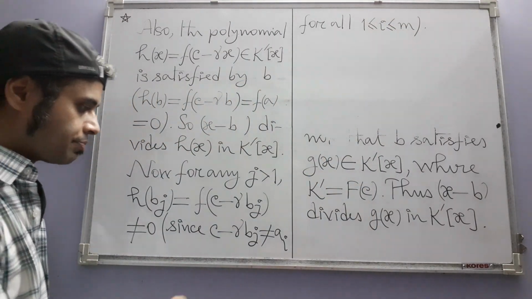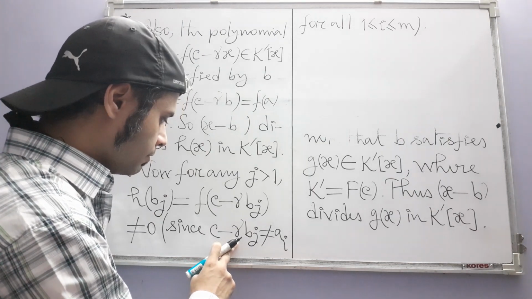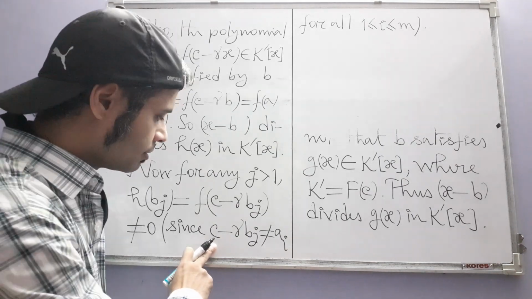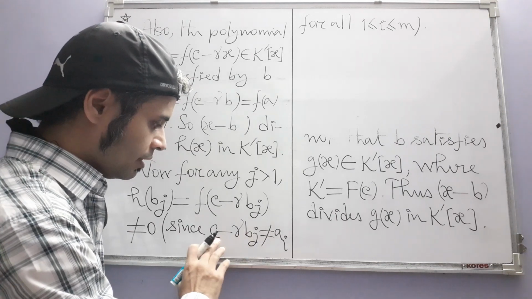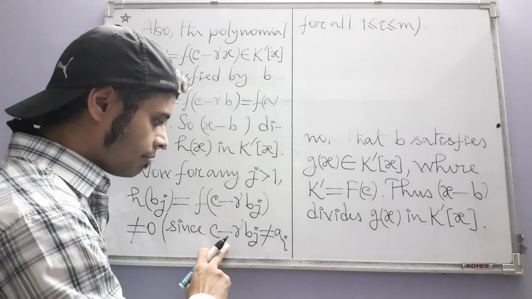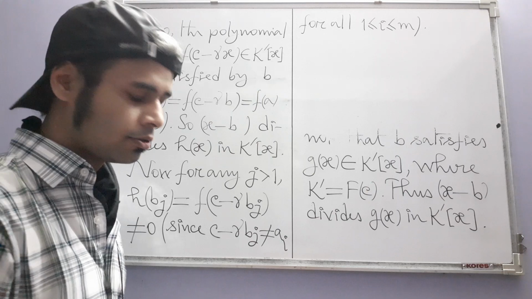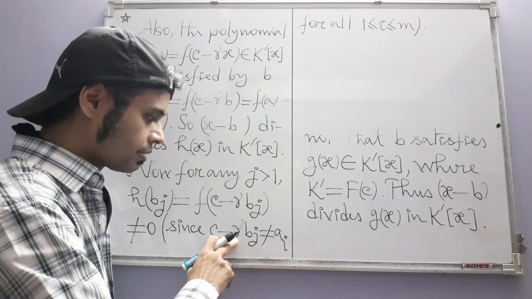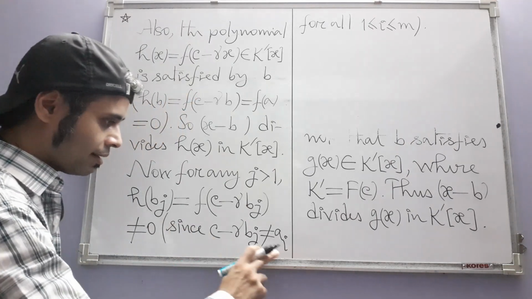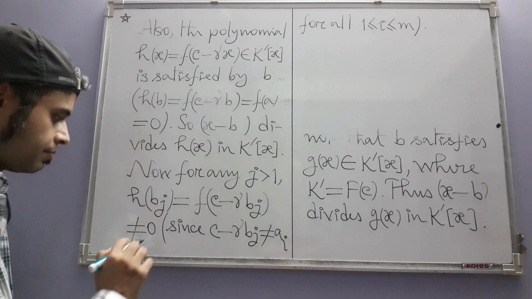Why is that so? You see, what is C? C is A plus gamma B by definition. So if you had equality here, you would have A plus gamma B equal to ai plus gamma bj. But that goes against gamma, because gamma does not satisfy any such equation. So that's why we have not equal to 0 here.